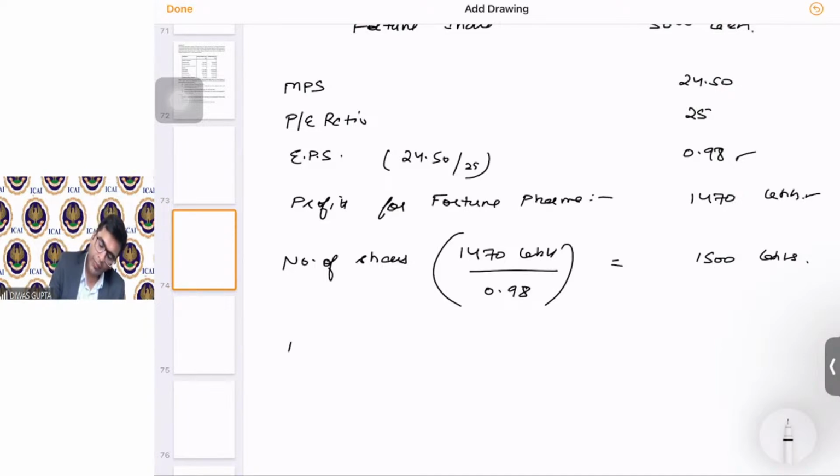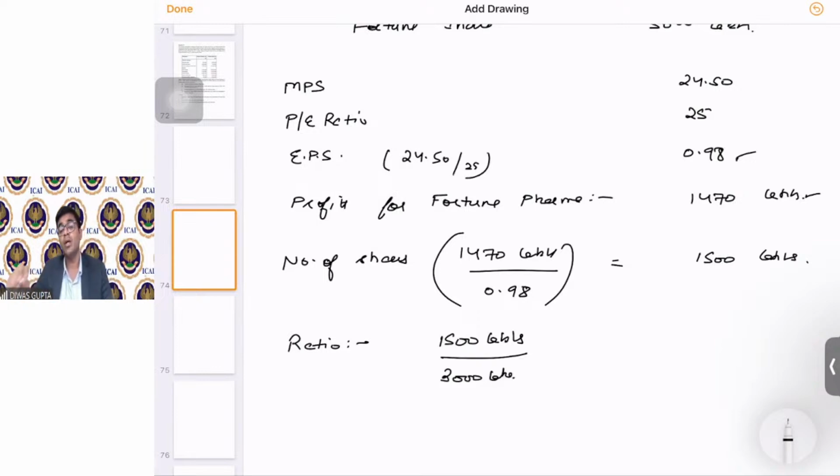So the ratio will become like this: 1500 lakhs divided by 3000 lakhs. Just before demerger, 3000 lakhs were the number of shares of Fortune India Limited. And we have calculated, based on the profits, market price and PE ratio given to us, that the number of shares for Fortune Pharma Limited should be 1500 lakhs, and hence 1500 divided by 3000. So this becomes 0.5 for one share.